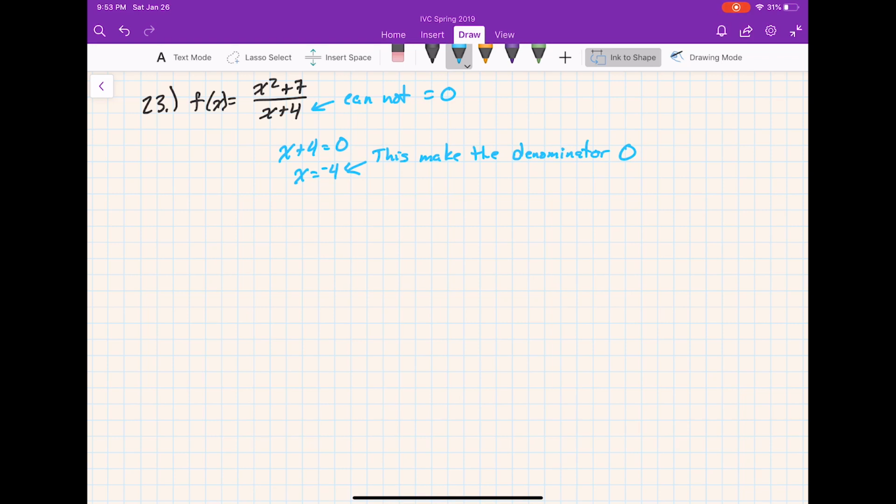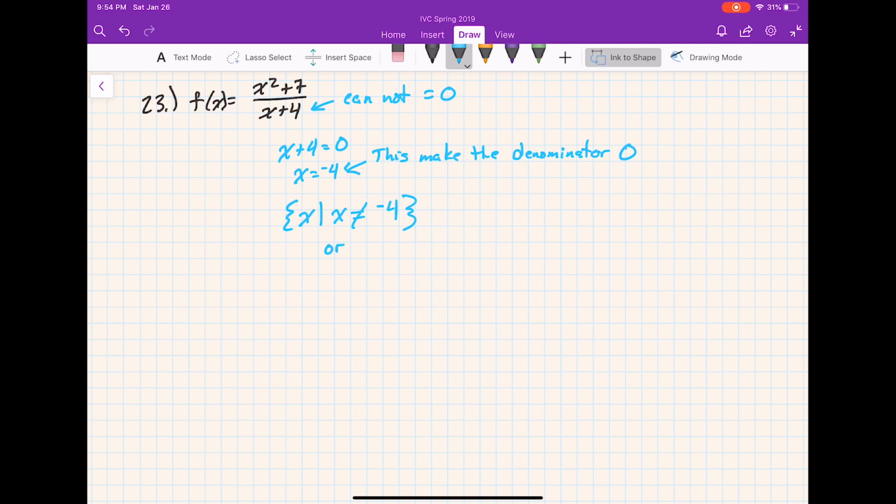So in set builder notation, I always forget which one's which, but there's two ways to write the answer for this. And one of them is where we do the squiggly line here, x such that x cannot equal negative 4. Because again, if we put in negative 4, we're going to get 0 in the denominator, and then that's an error.